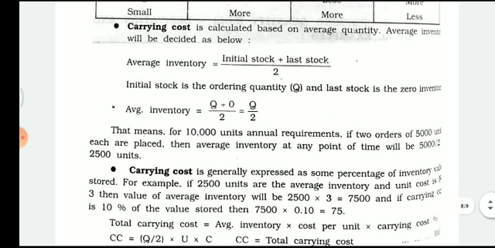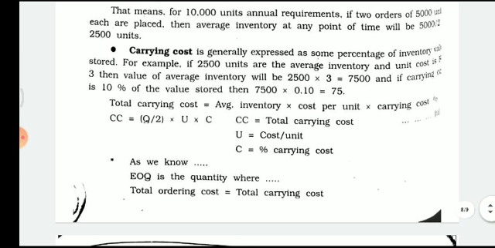Now, carrying cost. For a 10,000 unit annual requirement, if two orders of 5,000 units each are placed, then the average inventory at a point of time will be 5,000 divided by 2, which is 2,500 units. Carrying cost is generally expressed as some percentage of inventory value stored.